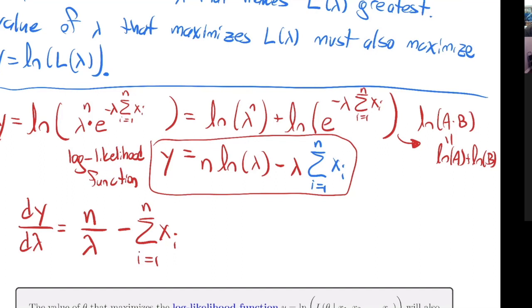And then we want to think about what the critical values are here for lambda. Lambda equals 0 would be a critical point, since that makes the derivative undefined.